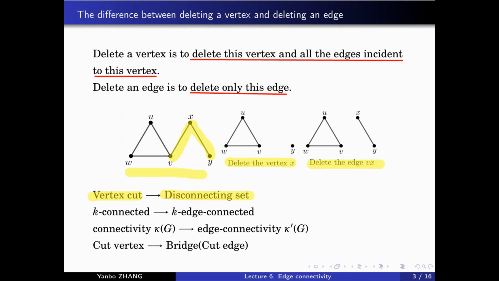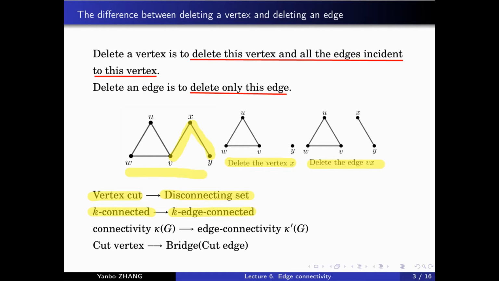A k-connected graph is a graph such that every vertex cut has at least k vertices. The corresponding definition of k-connected is k-edge connected.